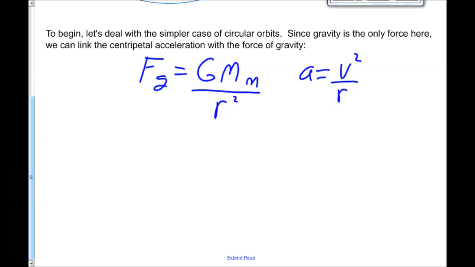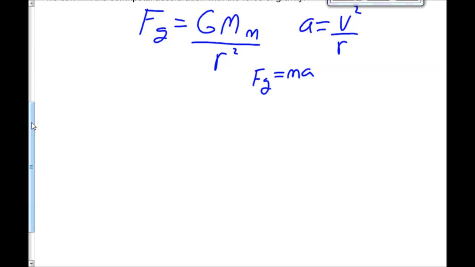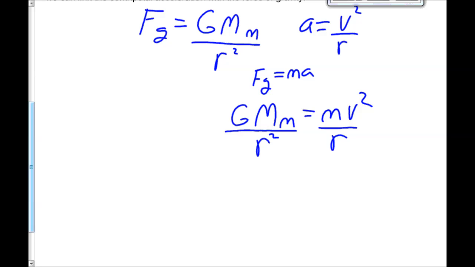And if the only force acting is gravity, we can further say that the force of gravity is equal to ma. We can set these two expressions equal to each other, and we come up with the force of gravity, G M m over r squared, is equal to m v squared over r.